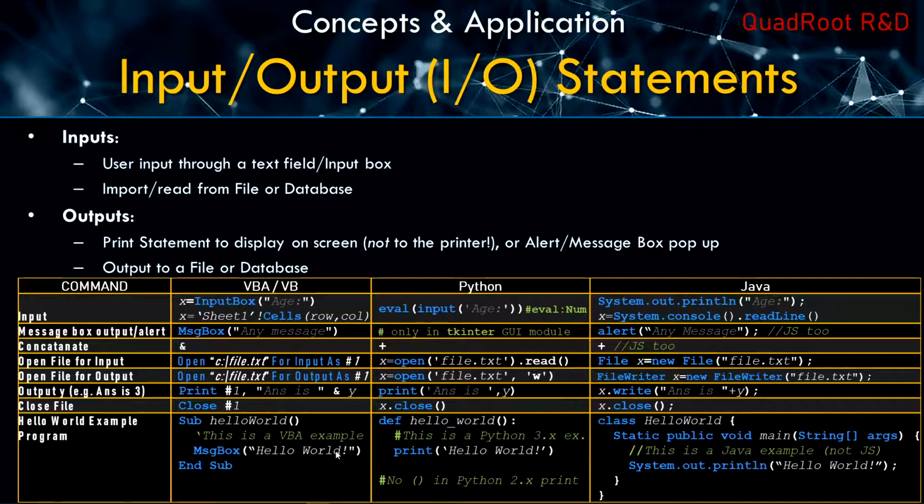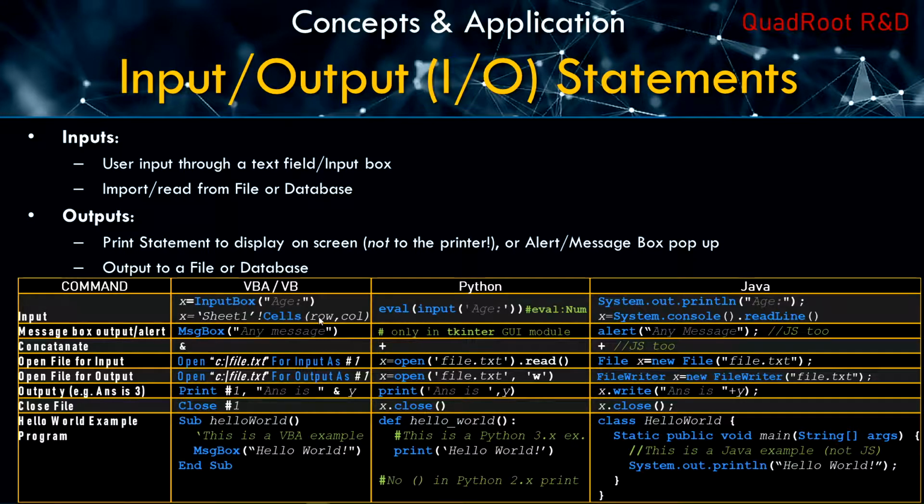Now, this is hard-coded. Alternatively, you could output it in a cell, in cell A1. So it would be Sheet1.Cells(1,1) equals hello world. So it's the opposite of this.